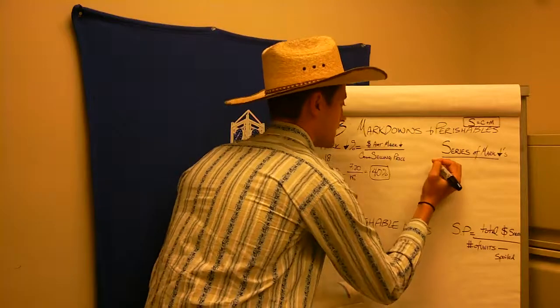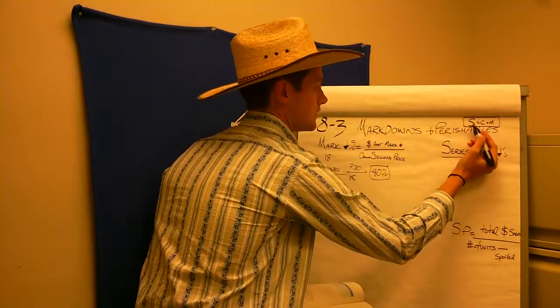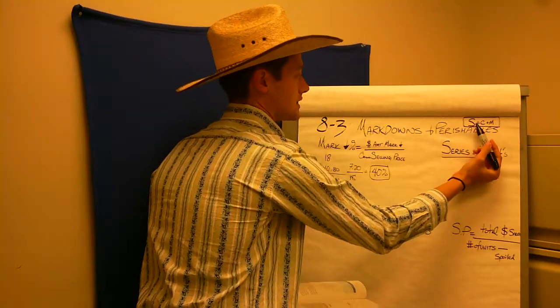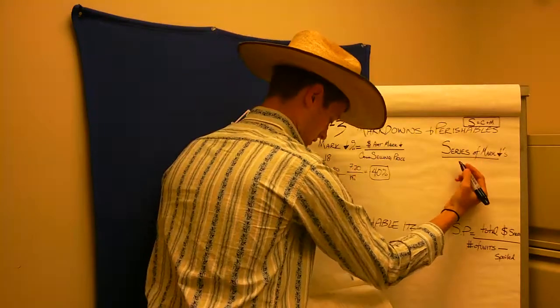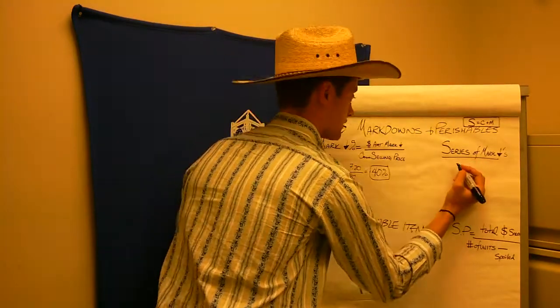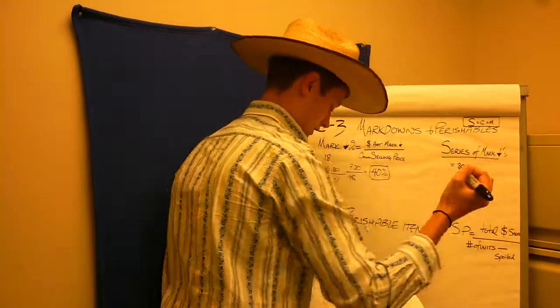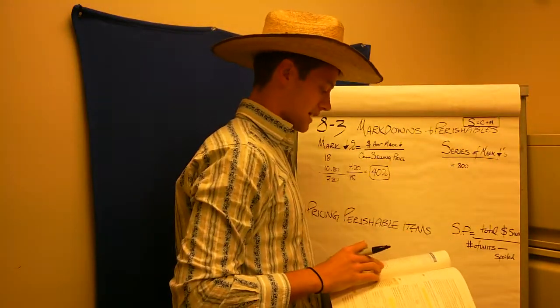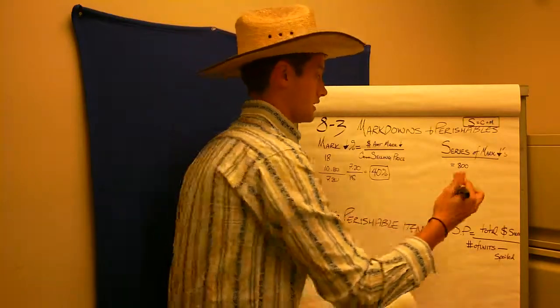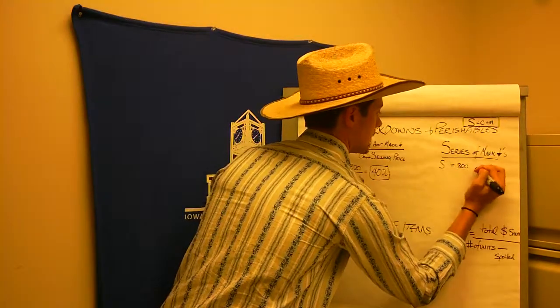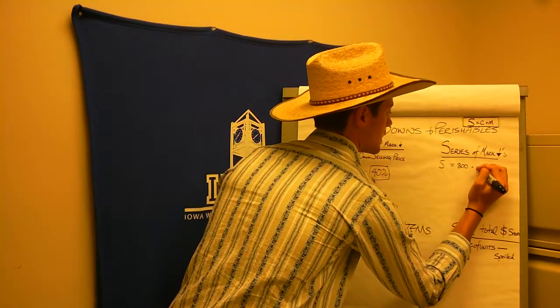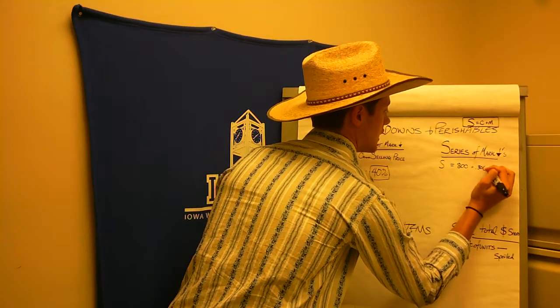They bought it for $800, and remember my formula: selling price equals cost plus markup. So my cost is $800, and it was marked up on selling price by 30%. I don't know my selling price yet, but I know the markup was 30% of my selling price.